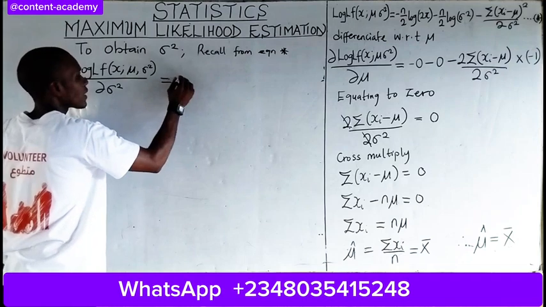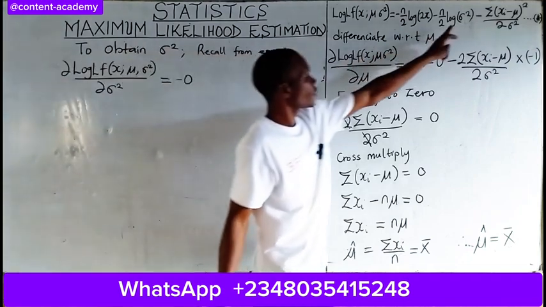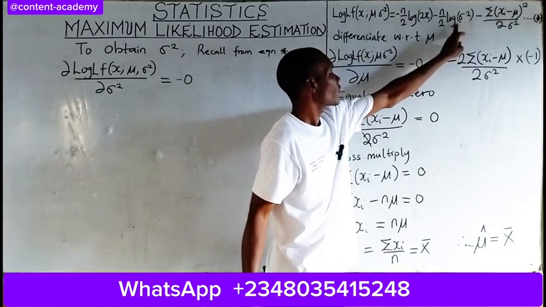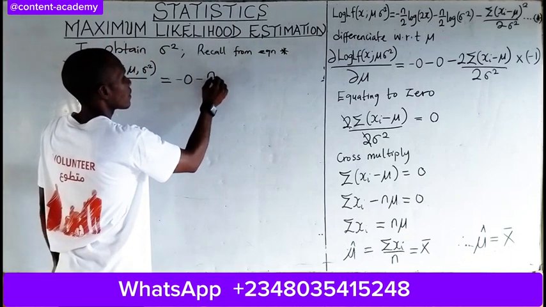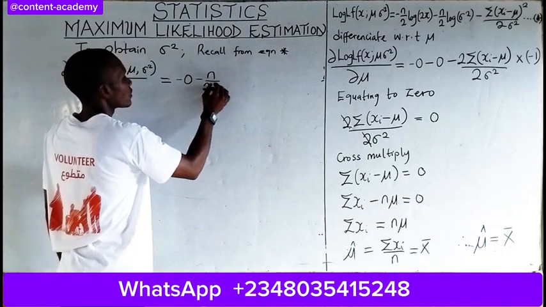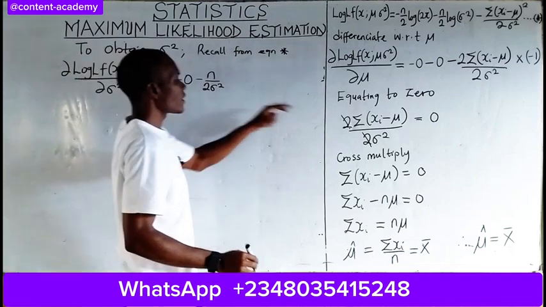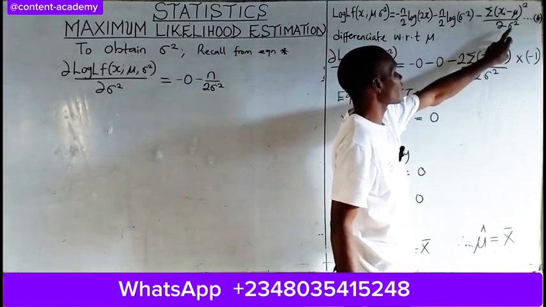No function like that here. So we have 0. Now, if we also differentiate with respect to sigma squared here, we'll get n all over 2 sigma squared. Then the next one is this. To differentiate with respect to sigma square.